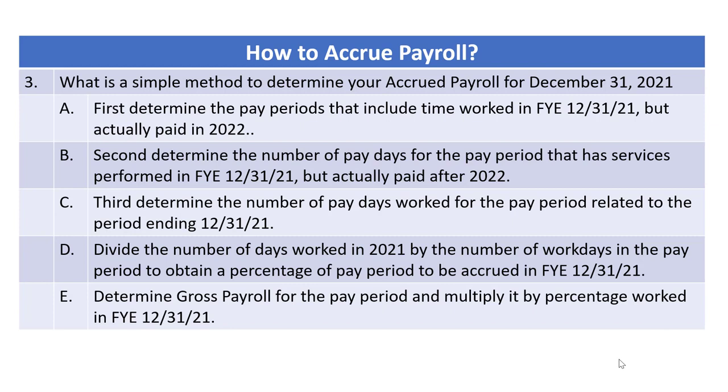Third, determine the number of pay days worked for the pay period related to 12/31/2021. Divide the number of days worked in 2021 by the total number of days worked in the pay period to obtain a percentage of pay period to be accrued in FYE 12/31/2021. Finally, determine the gross payroll for the pay period and multiply it by the percentage worked in FYE 12/31/2021.